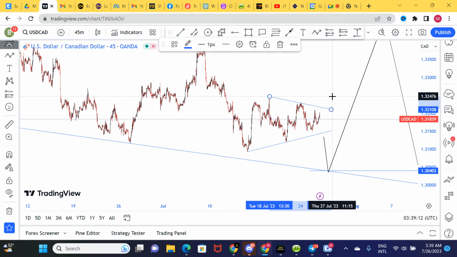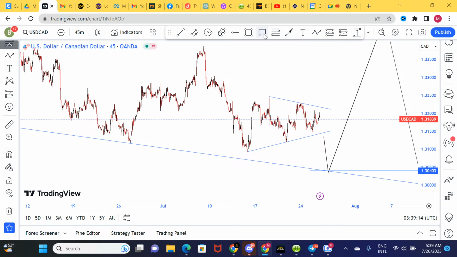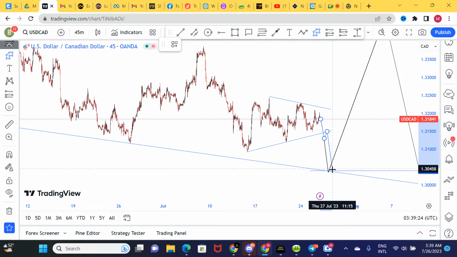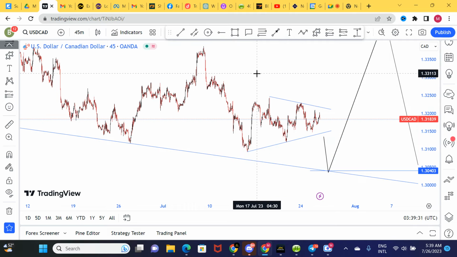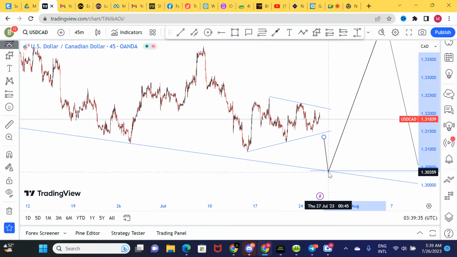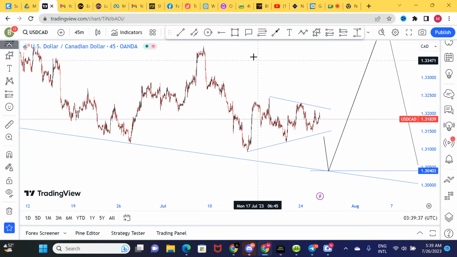Therefore, we can wait for price to come down, break out of the inner trend line, retest, and then it may come down to this point, and then we'll be taking a buy. So that's what we're going to wait for, and this is a good point for us to enter from.